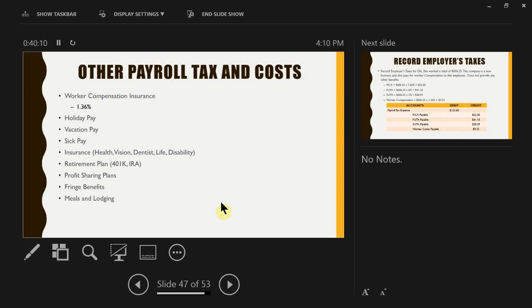Okay? So there's a lot of money that goes through workers' compensation, and what they determine is a random number. Every company has their own set of percentages. However, the one that's more frequently common is going to be 1.36%. So that's the one I want you guys to know for this class: when you calculate the workers' compensation, it's 1.36%.